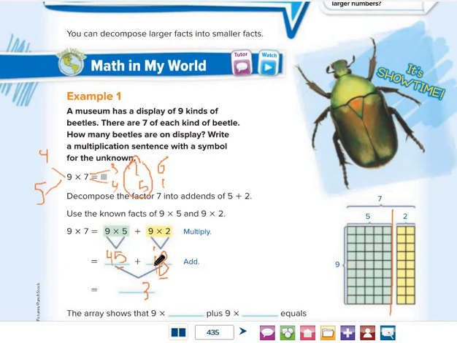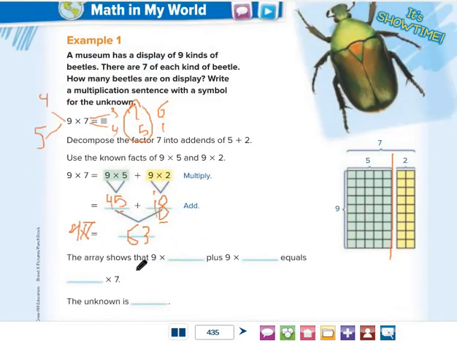Now 4 plus 1 equals 5, plus 1 equals 6. So 9 times 7 equals 63. The array shows that 9 times 5 plus 9 times 2 equals 9 times 7. So the unknown is 63.